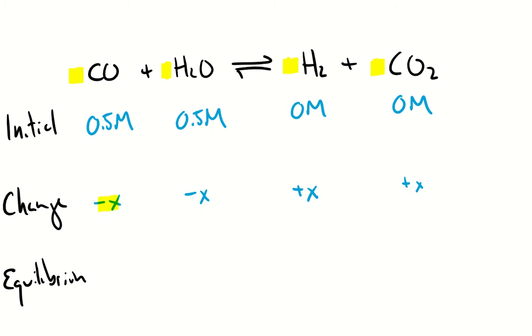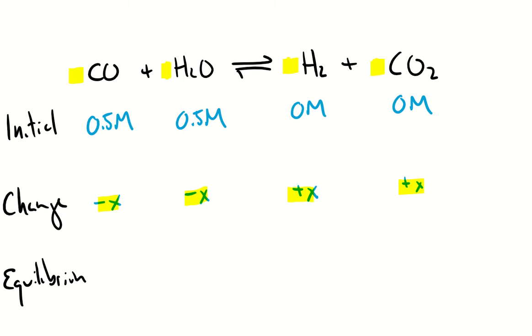That's why we're losing 1X from the reactant side and gaining 1X from the product side. If, for the sake of argument, one of the coefficients was a 2, we would instead gain 2X molar of hydrogen gas. Again, those stoichiometric coefficients tell you the ratios in which reactants are lost or products are gained. However, in our case, all of those coefficients are 1s.